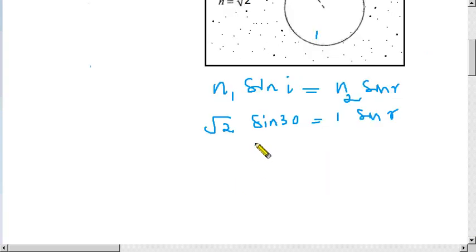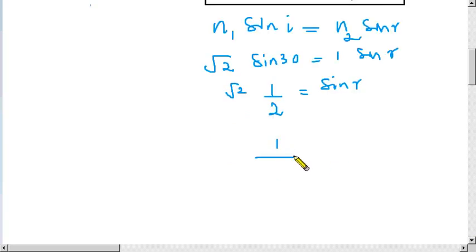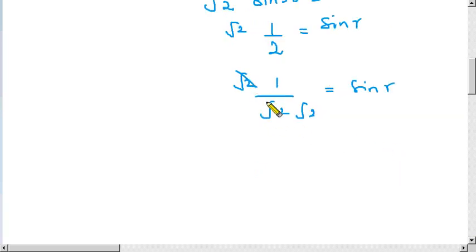So sine 30 is cos 60, that is half. So you should remember these values. Then sine r, then you can write root 2 at the denominator. So sine r, so root 2 is cancelled.